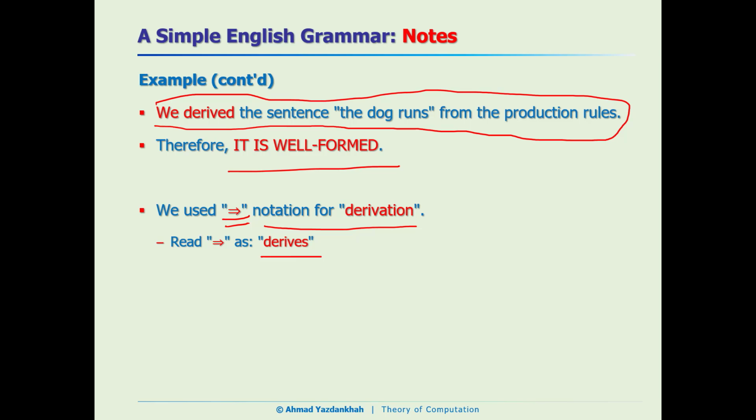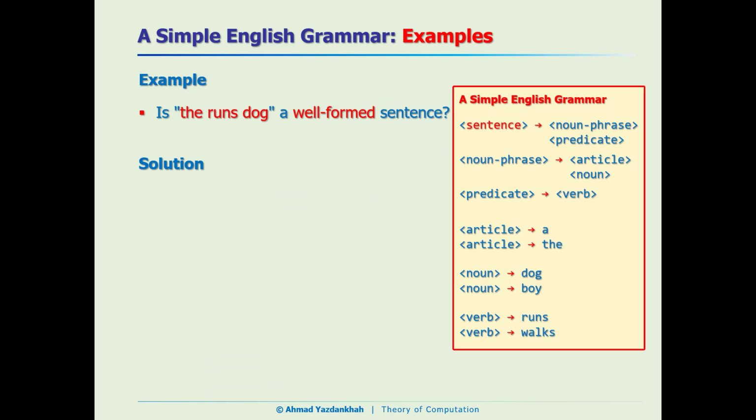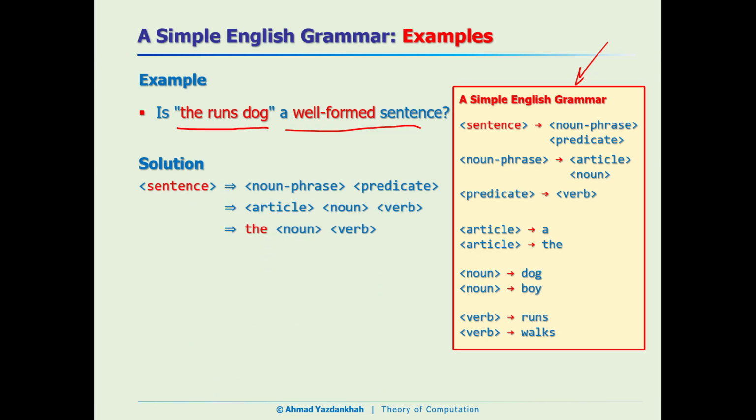Okay, so is this the case that we can have a failure sentence? Definitely. Let me take a failure example as well. "The runs dog." Is it a well-formed sentence over this grammar? Yeah, we go over all of those steps. So we have article, noun, verb for the sentence, and yeah, we have this "the" for the article.